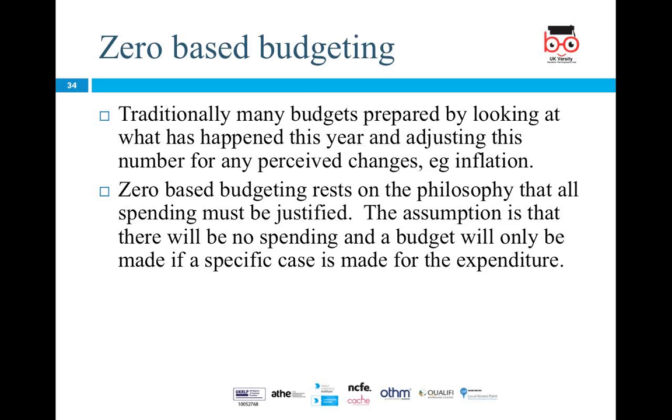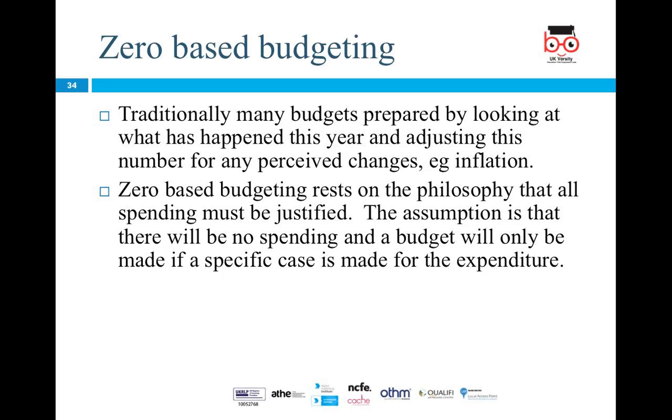The assumption is that there will be no spending, and a budget will only be made if a specific case is made for the expenditure. So zero-based budgeting means there should be an unavoidable situation that should be considered, but that only occurs when the situation occurs.